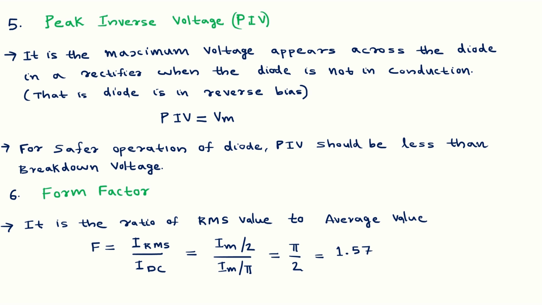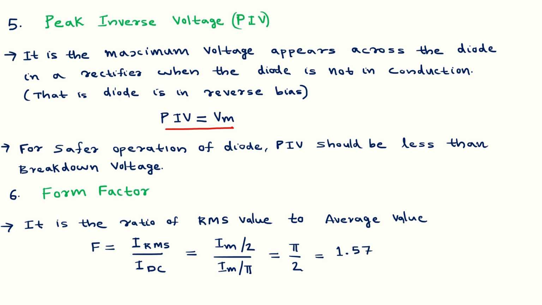In the previous diagram of a half-wave rectifier, the diode is in reverse bias when the time range is from pi to 2 pi. That time the maximum voltage across the diode, the peak inverse voltage, is given by Vm, that means the maximum input voltage Vm.